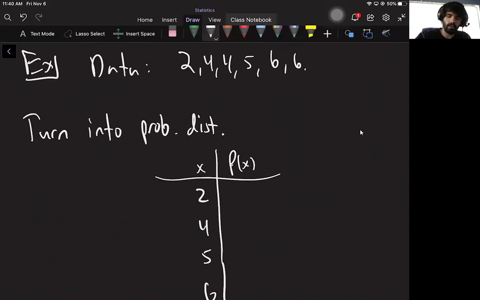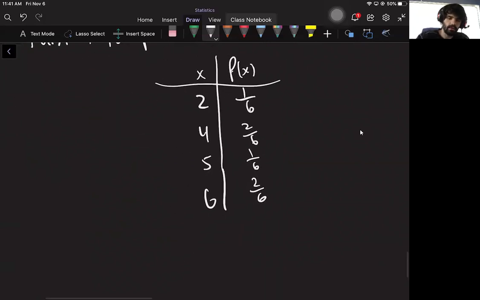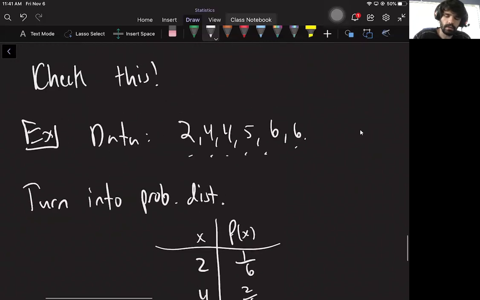So 2 shows up 1 out of 1, 2, 3, 4, 5, 6 times. 4 shows up twice out of 6 times. 5 shows up once out of 6 times. And 6 shows up 2 out of 6 times. So now you could use this to calculate the mean and standard deviation, or you could use the data. 2 different ways. Okay, so let's do that.